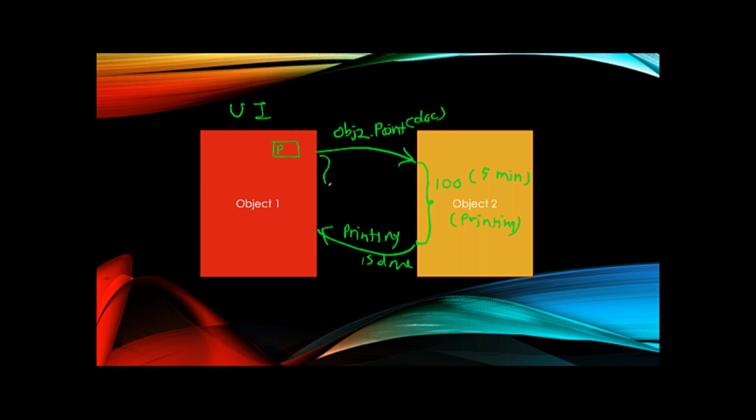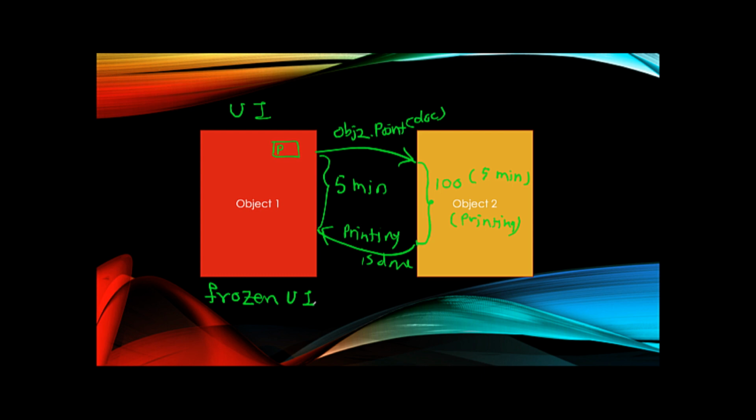Now during this 5 minutes, it's a typical long running task, right? The UI will remain completely frozen. The user cannot do any other activity in the UI, like typing text into the text box or playing with the images on the UI. Nothing can be done.